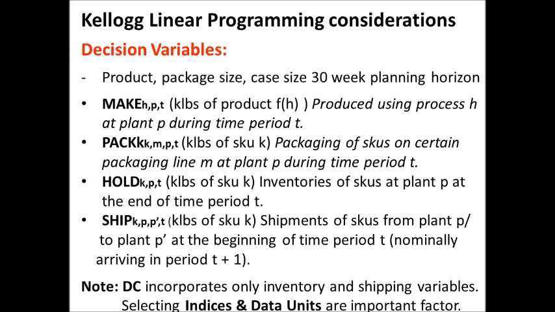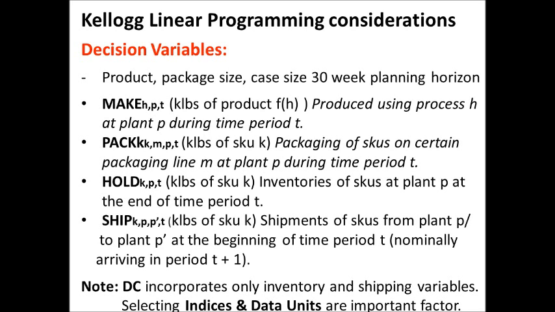Take note that for this KPS, distribution centers incorporate only inventory and shipping variables, while selecting the indices and data units are important factors to consider in establishing the decision variables. You can refer to some of the calculations that we put there.